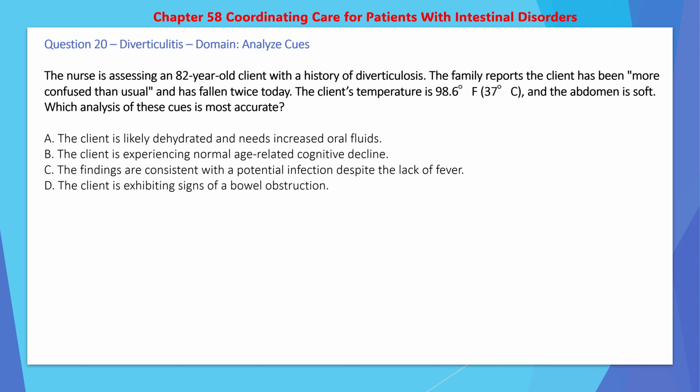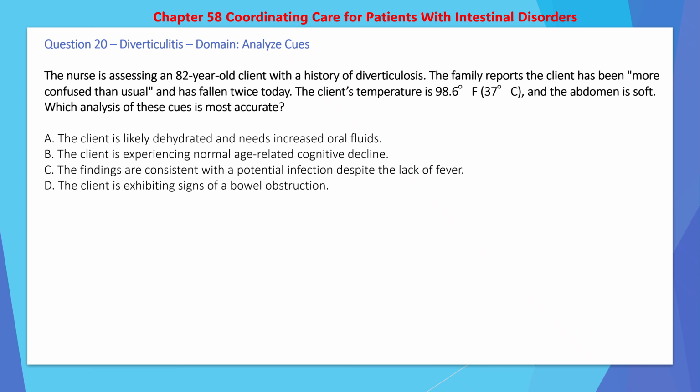The client's temperature is 98.6 Fahrenheit, about 37 Celsius, and the abdomen is soft. Which analysis of those cues is most accurate? The client is likely dehydrated and needs increased oral fluids.